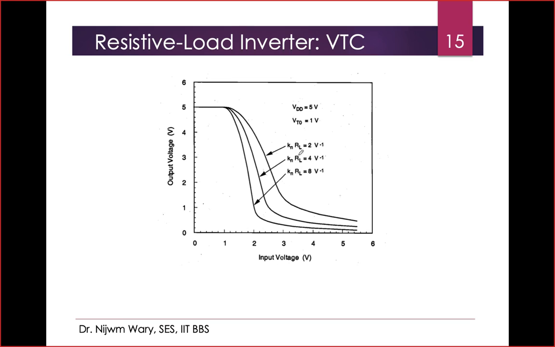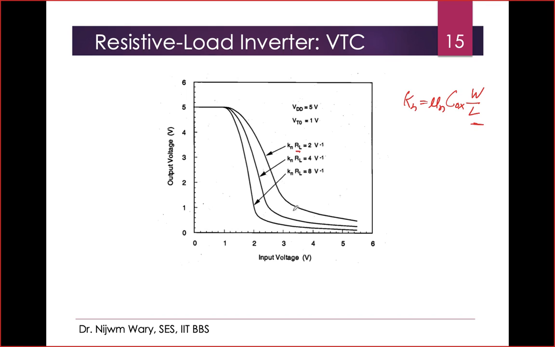That's why it depends upon this KNRL, where Kn is mu n Cox W by L. Of course the designer doesn't have control over mu n Cox, which is based on the process. But at least the designer has access to W and L, and of course the resistance RL. So if I vary W by L and the resistance RL, we'll have different kinds of characteristics.